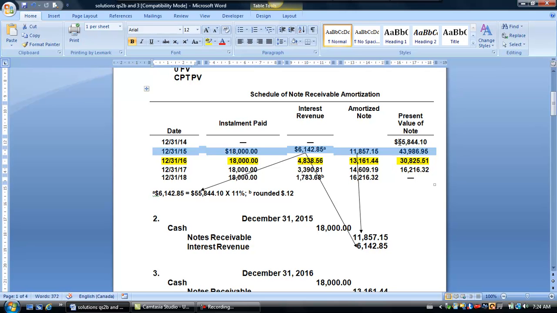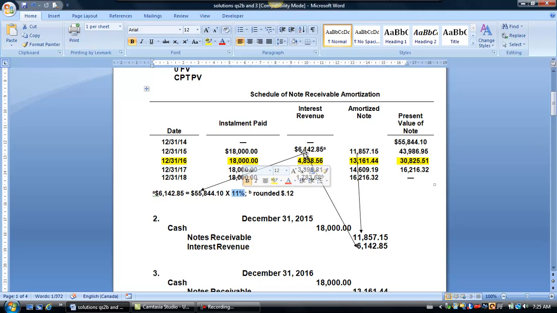So here, in 2015, we have to figure out how much of that $18,000 payment is interest revenue. So now, we take the present value of the note to open 2015, which is the same as at the end of 2014, multiply it by 11%, and we're going to get $6,142.85. The difference between the payment in full and the amount of cash payment for interest included in this leaves us with an amortization of the note, which is $11,857.15.